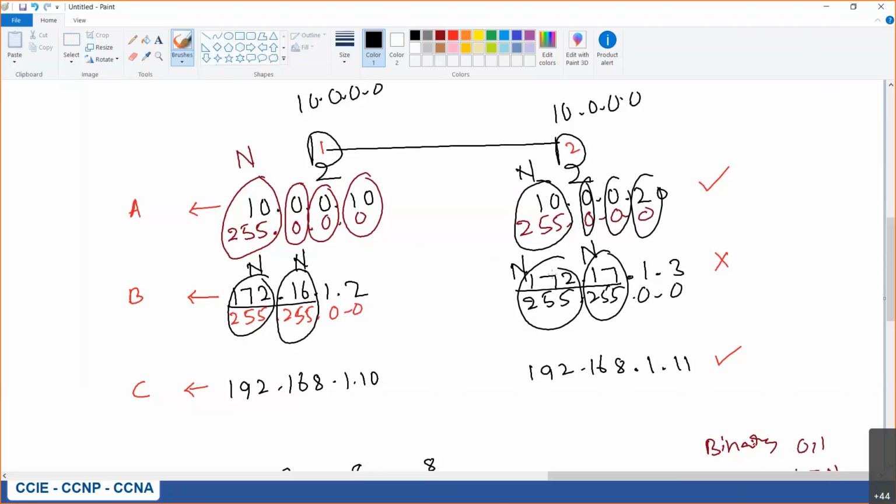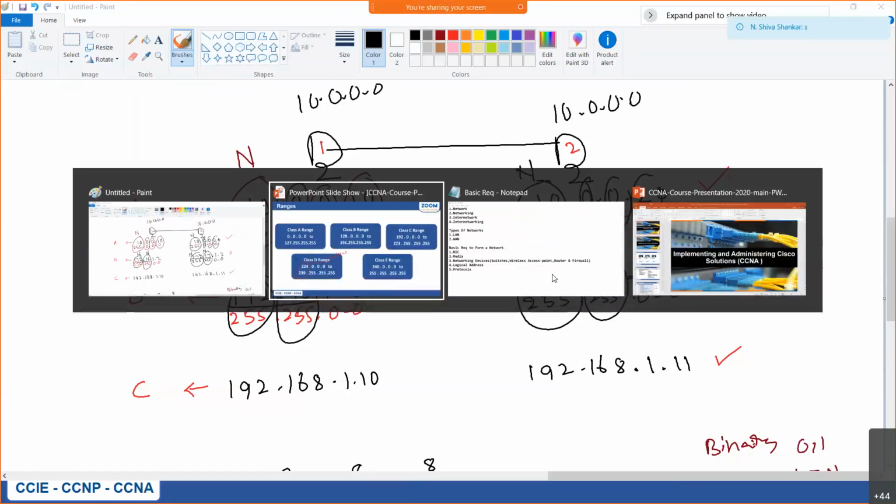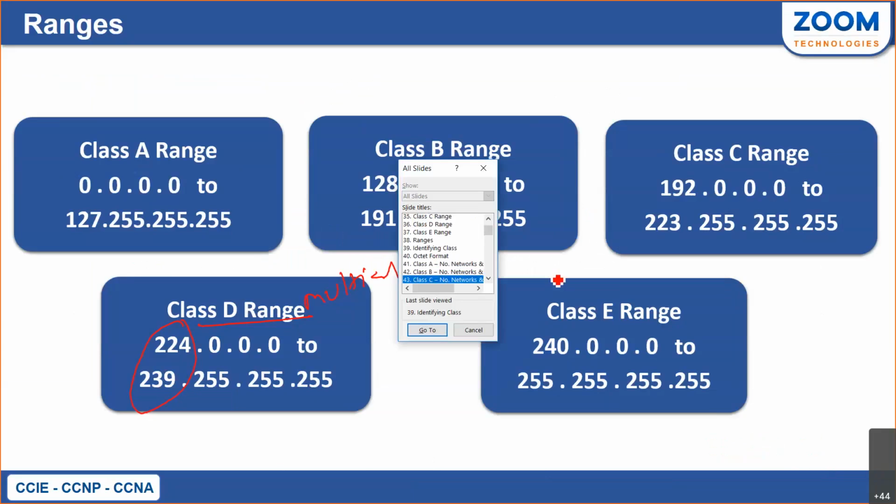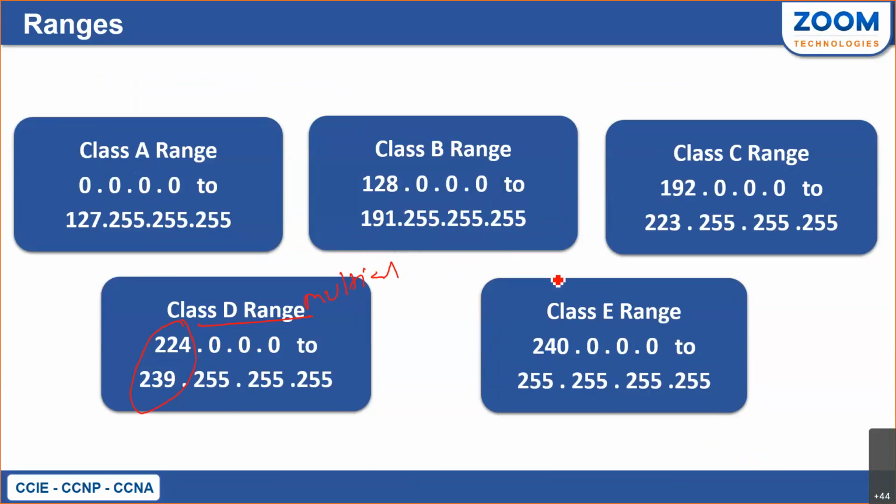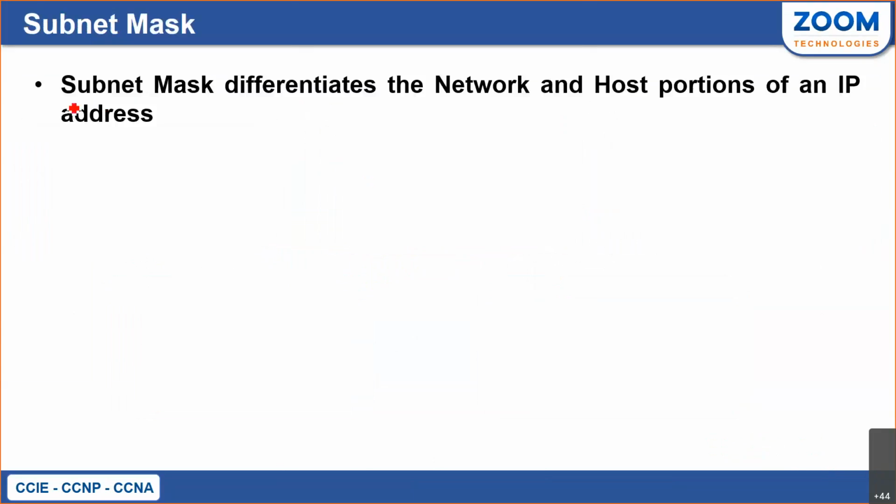So the entire communication system, the IP address logic, depends upon the subnet mask only. All of you are getting my point? Is it clear? The statement: subnet mask differentiates network and host portion of the IP address.